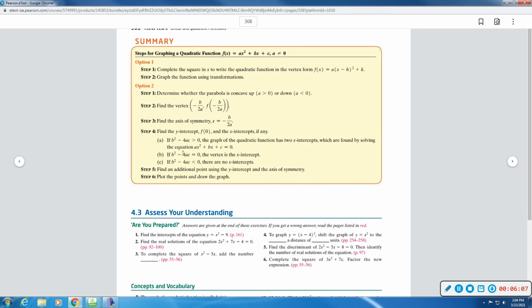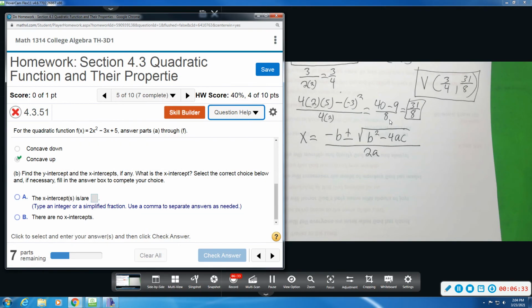If it equals 0, you will have 1 x-intercept, or the vertex is the x-intercept. And if the discriminant is less than 0, or negative, there will be no x-intercepts. So we're going to find out how many we have, and then we'll actually go ahead and solve it.